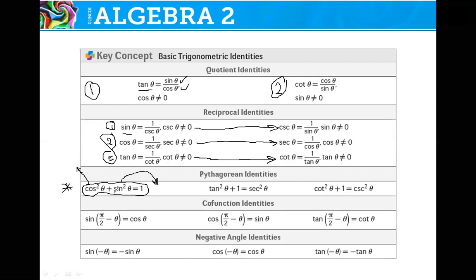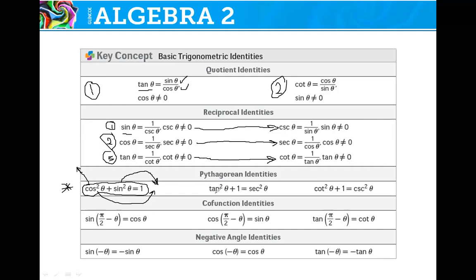If we need to find sine, sine square theta equals, moving cosine to the other side with the opposite sign, 1 minus cosine square theta.